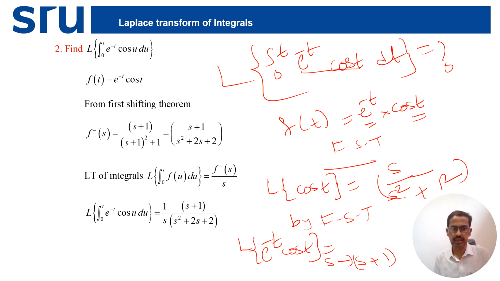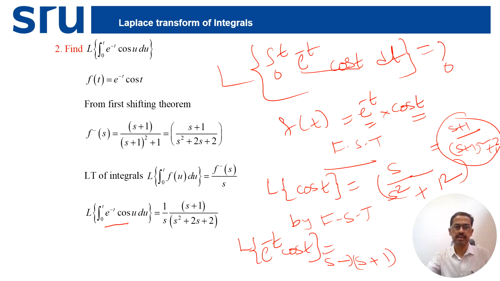Therefore its Laplace transform is s plus 1 by s plus 1 whole square plus 1 square, that is, s plus 1 by s square plus 2s plus 2. That's all. Now the Laplace transform of the integral from 0 to t of e power minus t cos u du is equal to dividing by s, that is 1 by s into f bar of s. Here f bar of s is this, right?